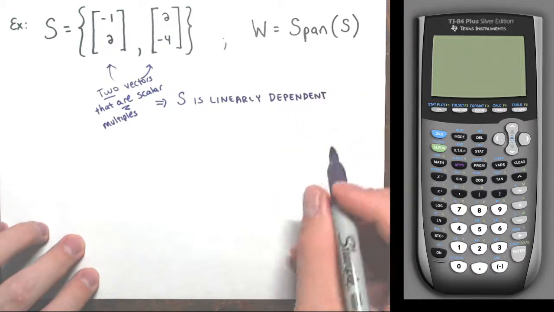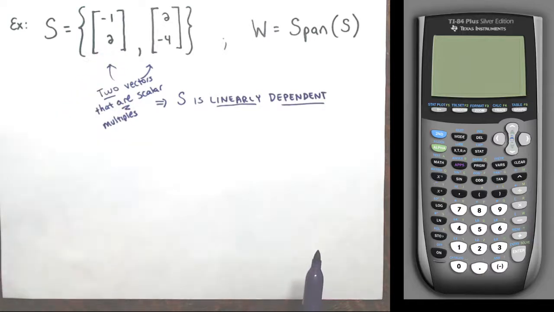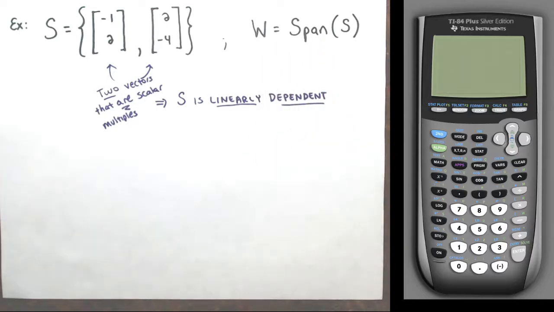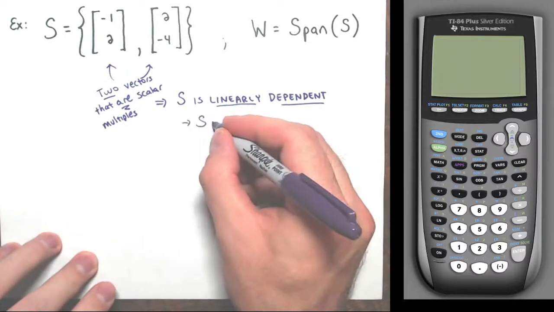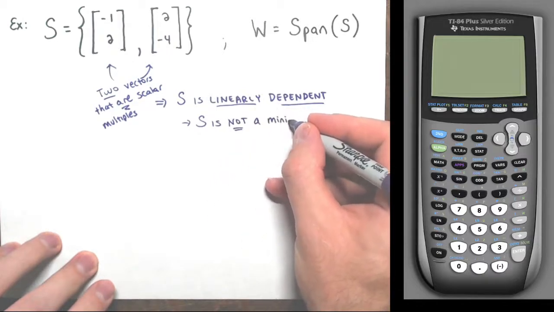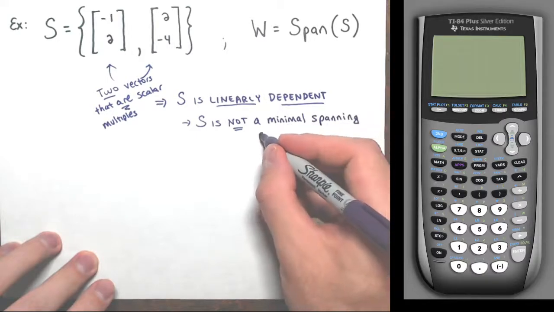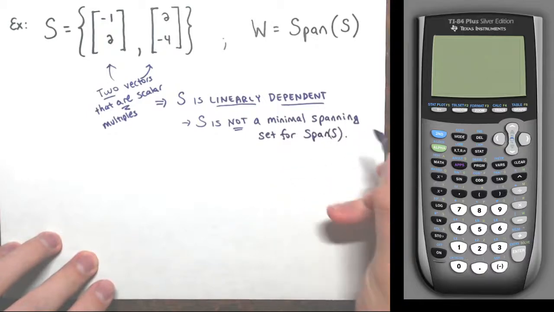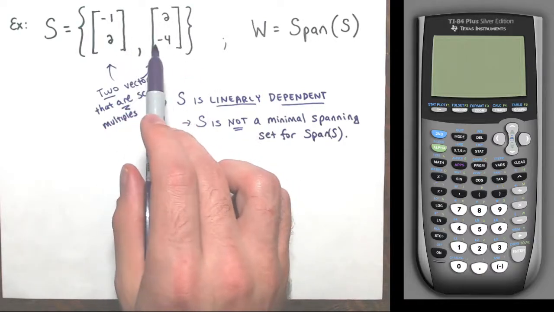And what that means is that S is not a minimal spanning set for W, for the span of S. So what is? Well, what we're going to see is that one of these vectors really is unnecessary.